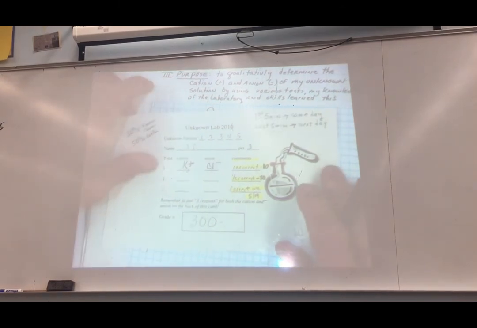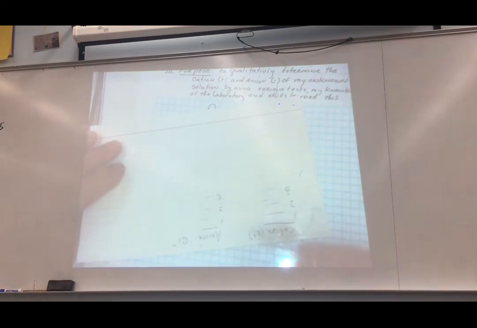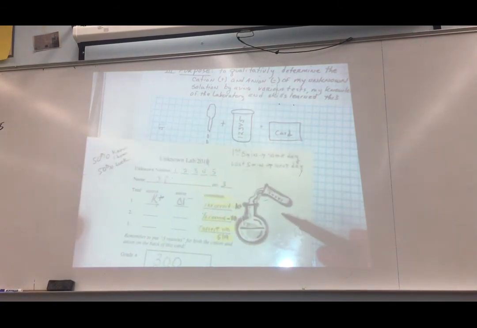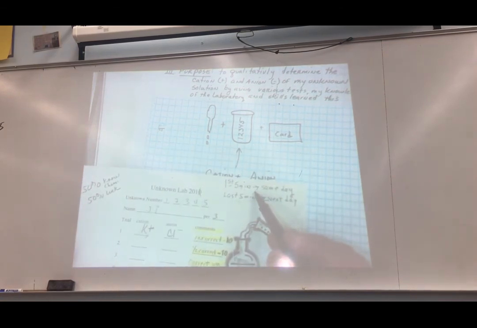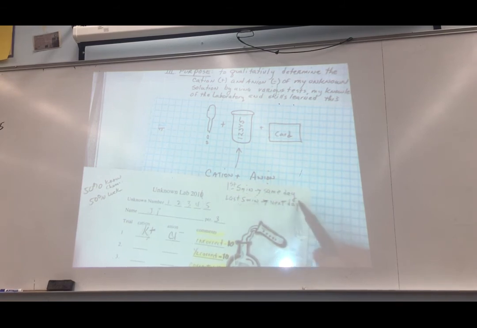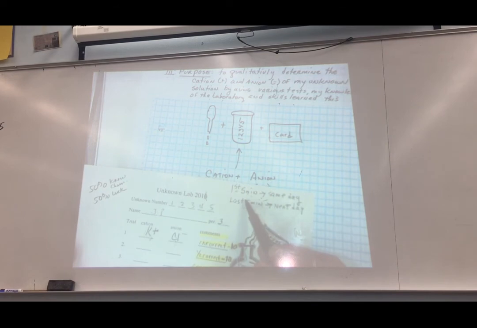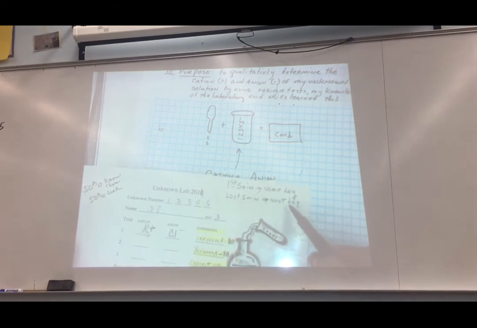You can turn in the card to be checked with the 3 things on the back for the cation and 3 for the anion. You can turn in the card the first 5 minutes of the period, and you will get it back the same day. You can turn it in the last 5 minutes of the period. You'll get it back the next day.